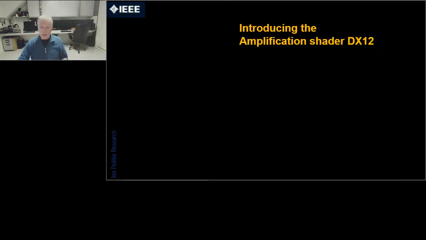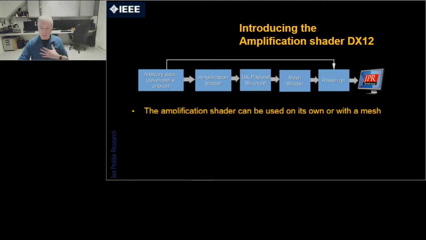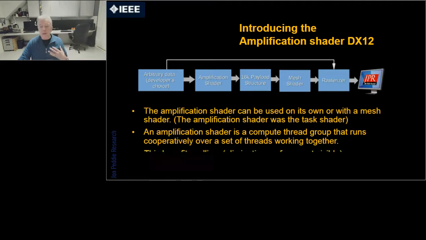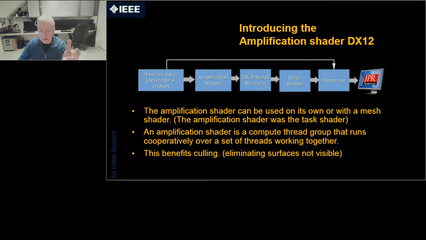So that led us to the amplification shader, which is really nothing more than a display list, if you will. It's a job listing. It says here's the work that we're going to do, and it sends down the tasks to get processed.